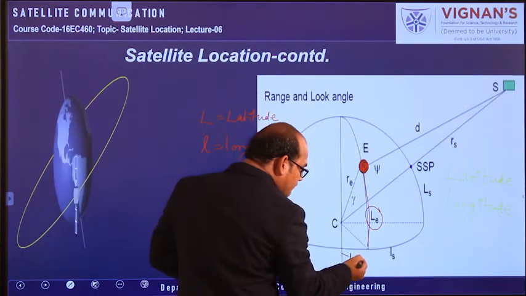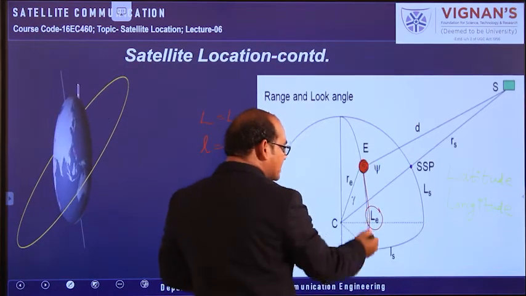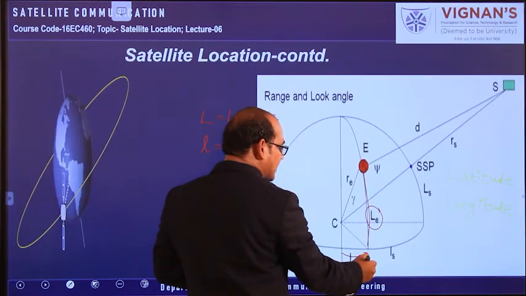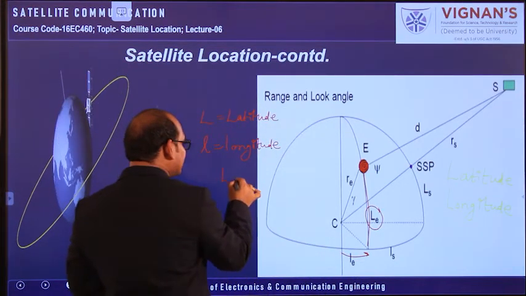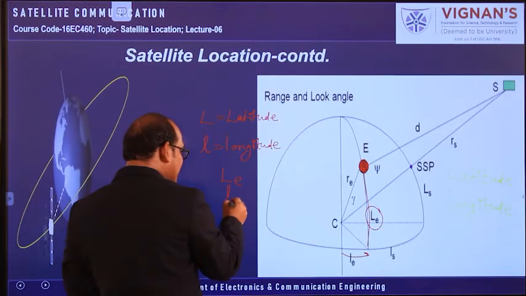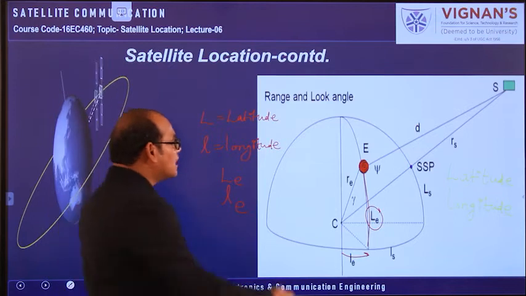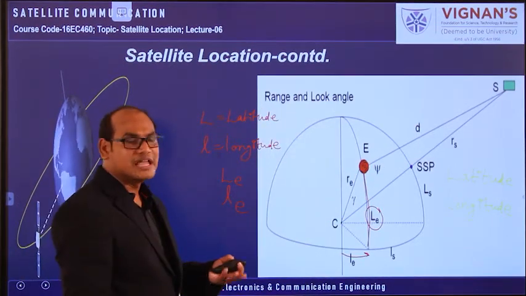From the prime meridian we have to move towards the east side to get this earth station. So this vertical line is the meridian or the longitude of the earth station represented with small le. So capital LE is representing latitude of the earth station, and small le is representing longitude of the earth station. So this is identified now. Earth station is identified by its latitude and longitude.